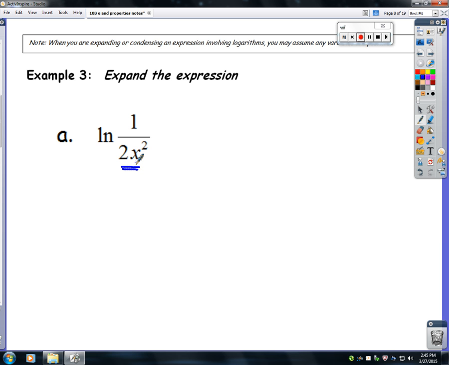I've got 2 times x squared. That's going to turn into addition. But I also have a power. So that's going to turn into multiplication in front of that x. All right, so let's break it apart. So I'm going to have natural log of 1 minus natural log of 2x squared. All right, let's work on breaking down that natural log of 2x squared.